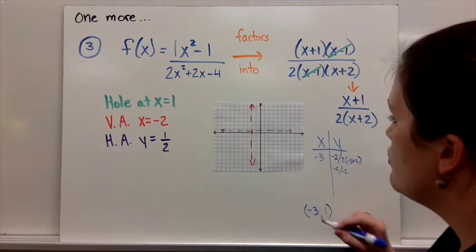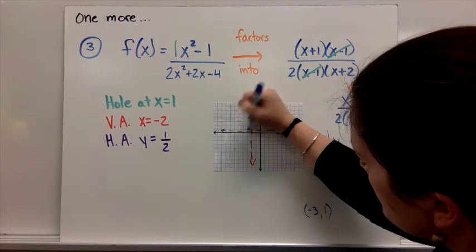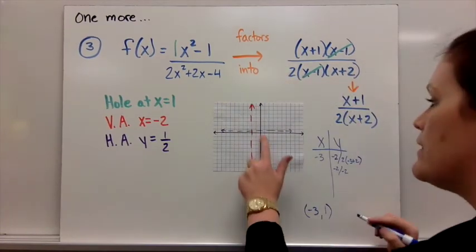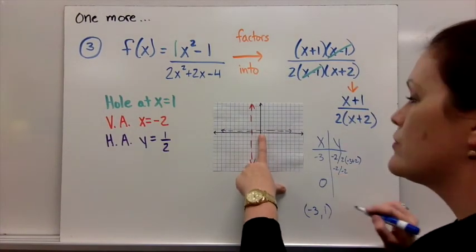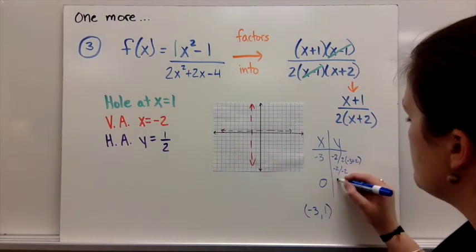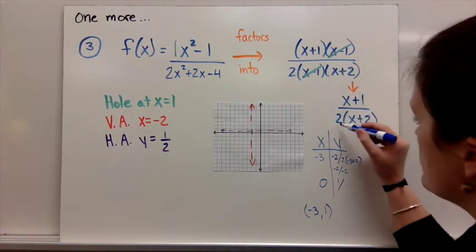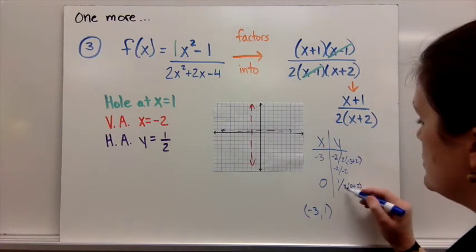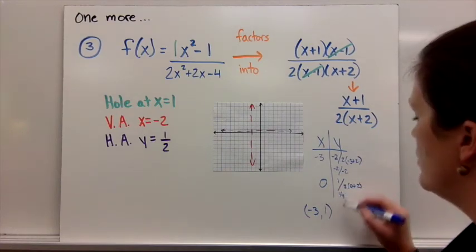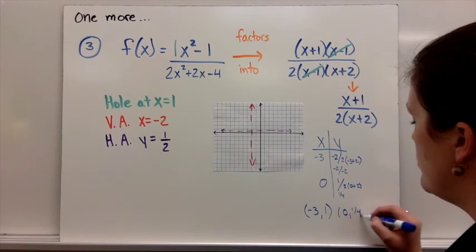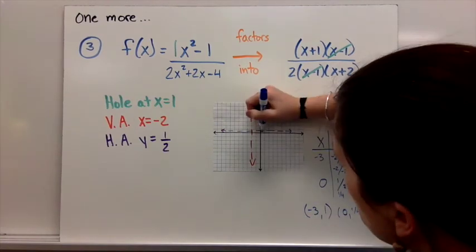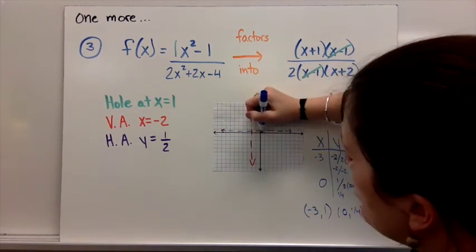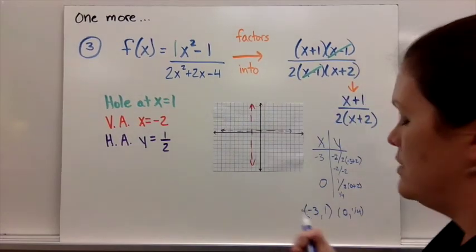So -3, 1. So -3, 1 is about right there. Then let's check 0. If I plug in 0 into my simplified form, I have 1/2 times 0 plus 2. So 2 times 2 is 4, which gives me 0, 1/4. So at 0, 1/4, that's below 1/2 right there.